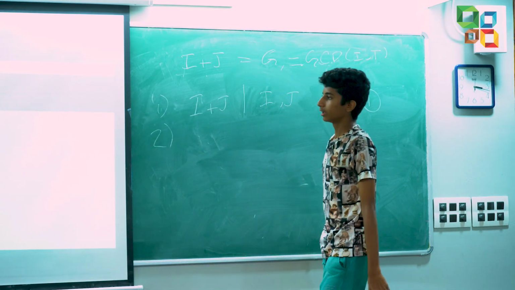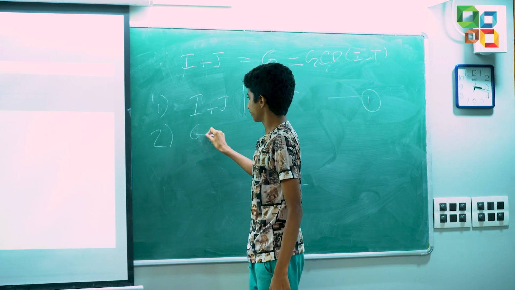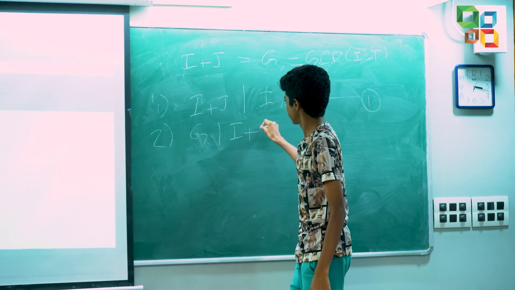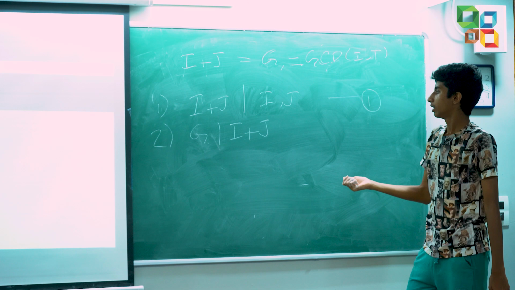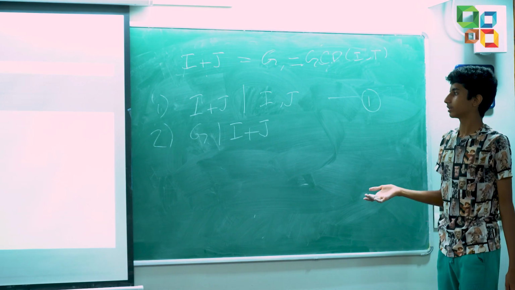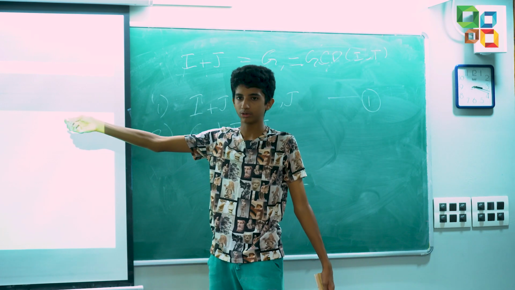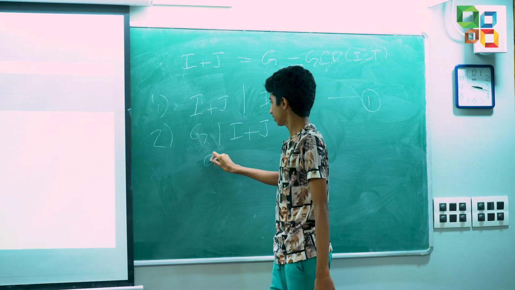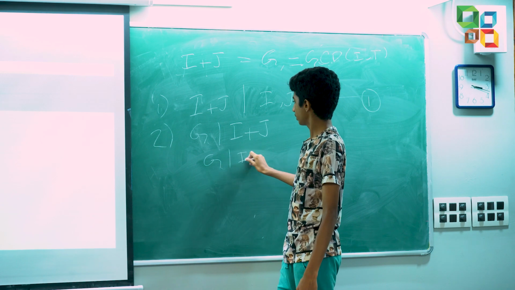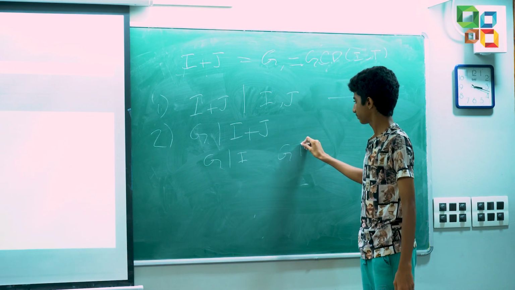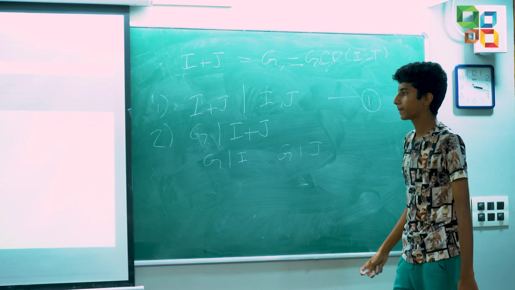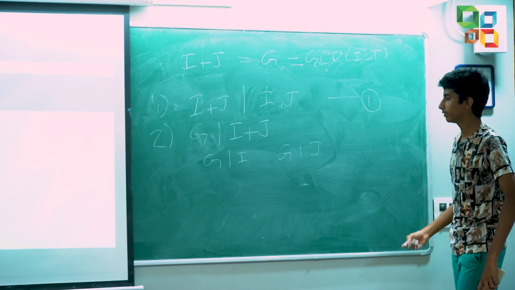Now 2. So that G divides I plus J. How might we show that G divides I plus J? Look at the definition. What does the first point tell you? G divides I and G divides J, right?